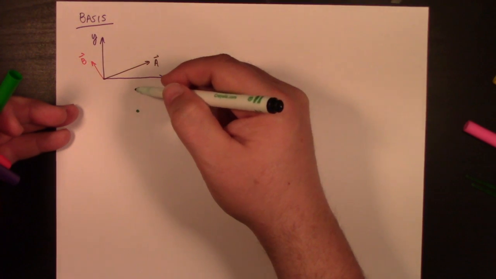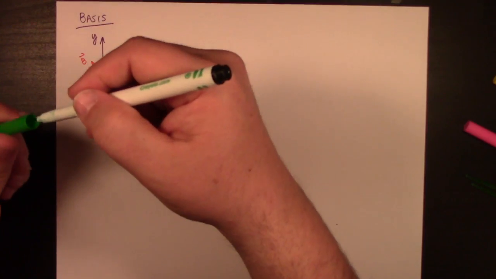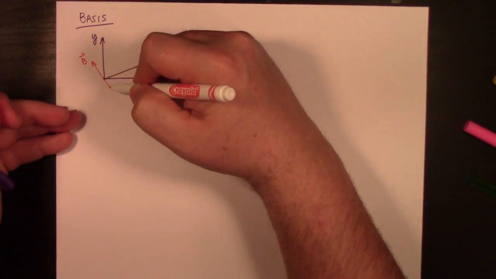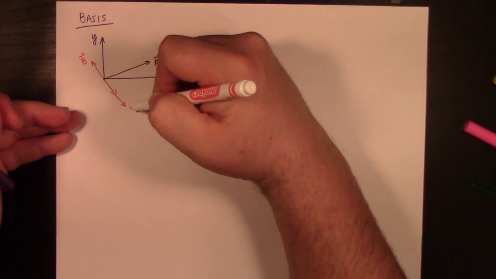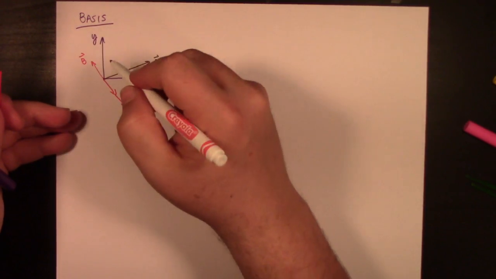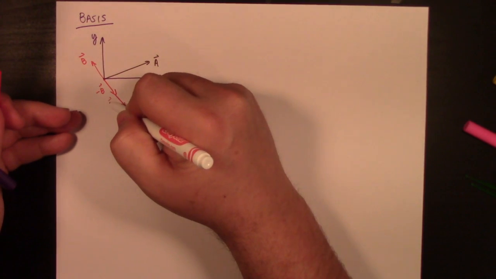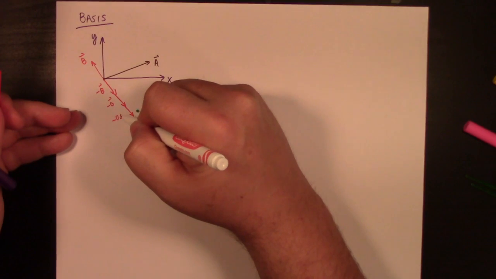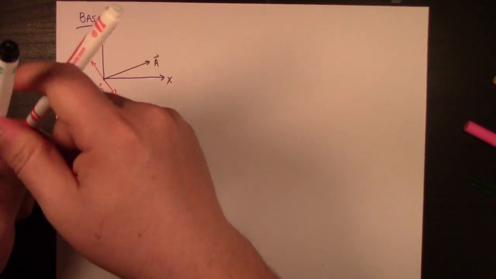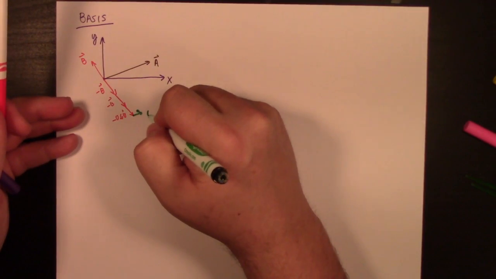you can use a linear combination of A and B to get down here, right? It looks to me like maybe, now, I probably chose poorly. I need about 2 and 2.6. That's actually a minus B, minus 0.6B, roughly speaking. And then, just eyeballing it here, I guess that's about 0.1A.